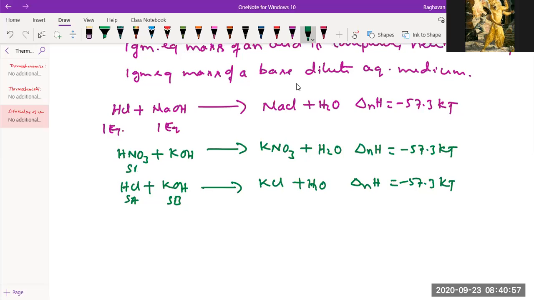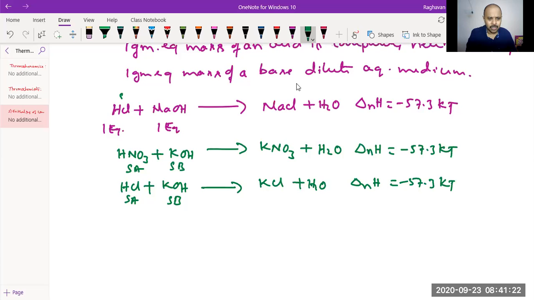Strong electrolytes means substances which dissociate completely. Weak electrolytes dissociate partially. So strong acids and strong bases are substances which dissociate completely. So these are all strong acids and strong bases, whatever we have taken.